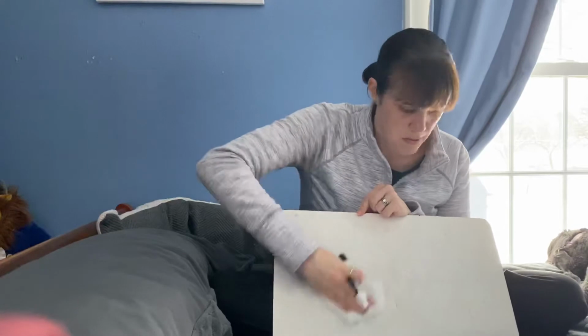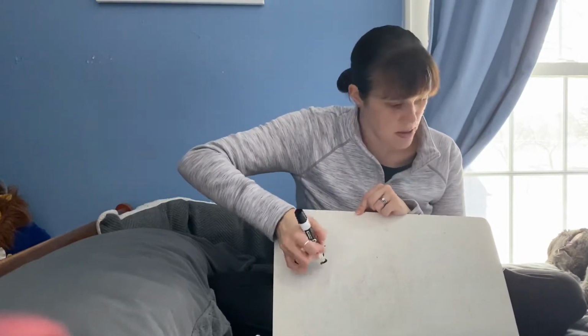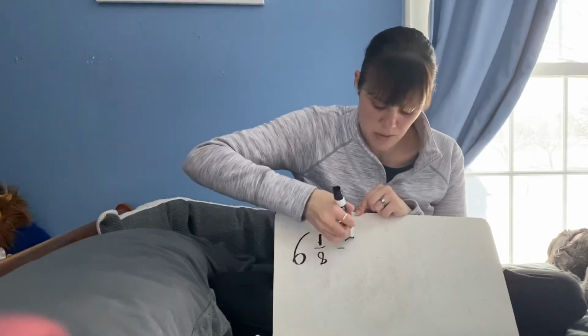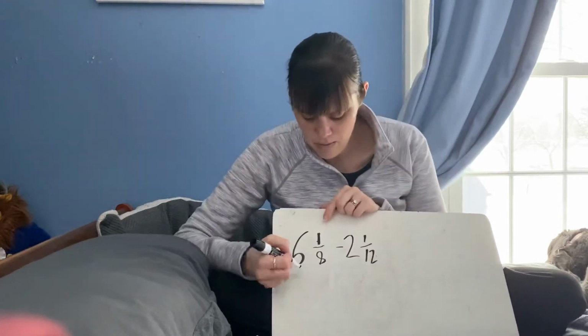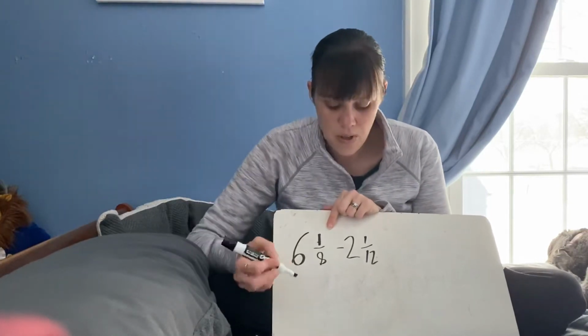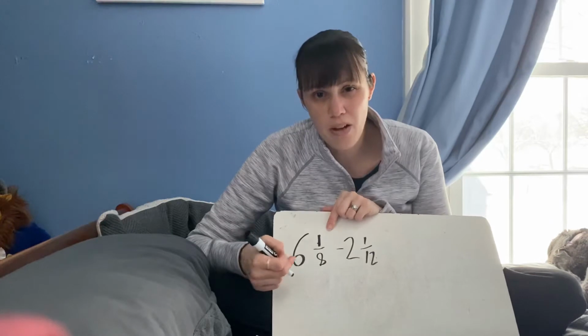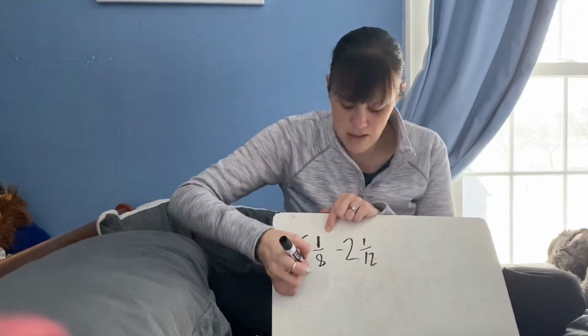D, we have 6 1/8 minus 2 1/12. Okay, so 6 1/8. What do you think 1/8? You're only shading in 1 out of 8, so that's going to be closest to 0. So that means that 6 stays the same.